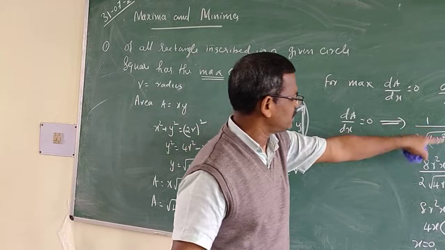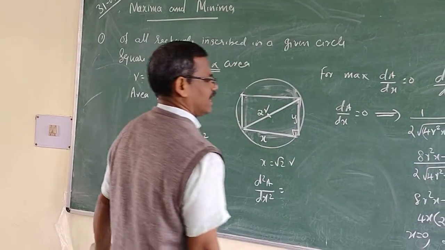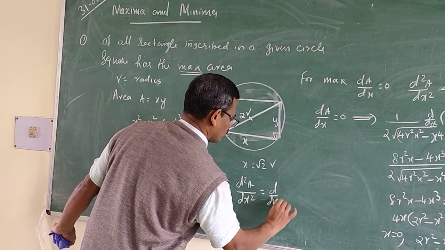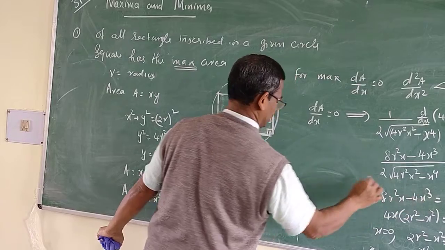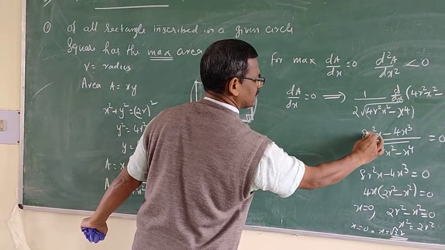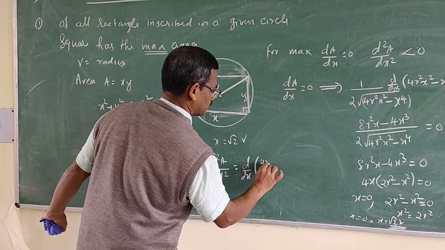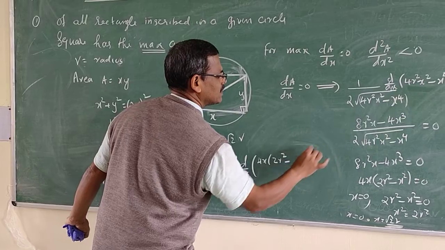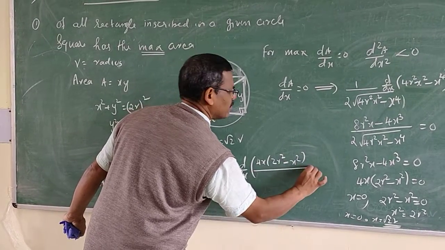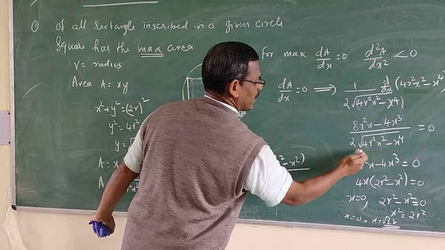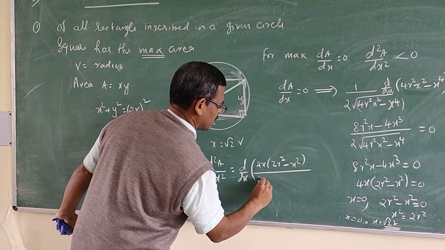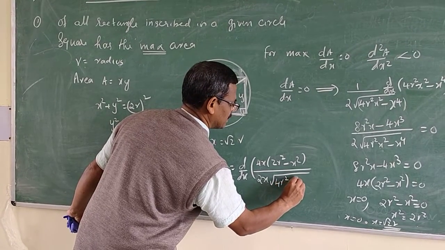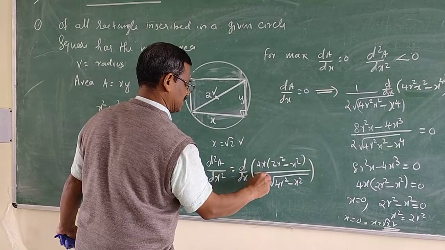What is the derivative? This is the expression there. That is d/dx of the first derivative expression. I can simplify this as 4x when I take this outside. And what is 2r² − x² divided by 2 into, here also I simplify by taking x outside, it becomes x, and then 4r² − x², so that x cancels.